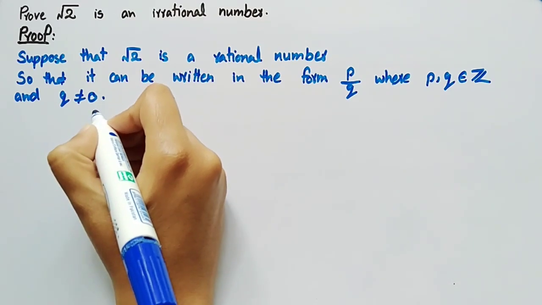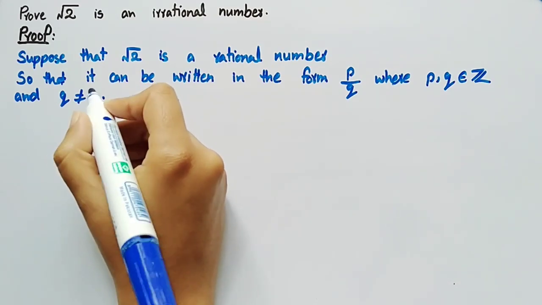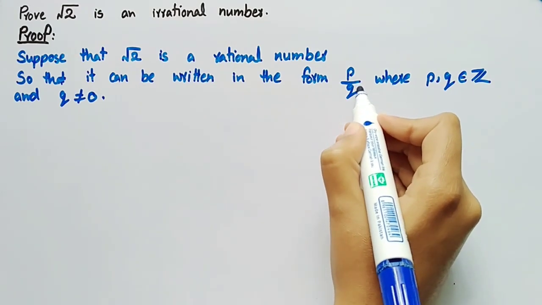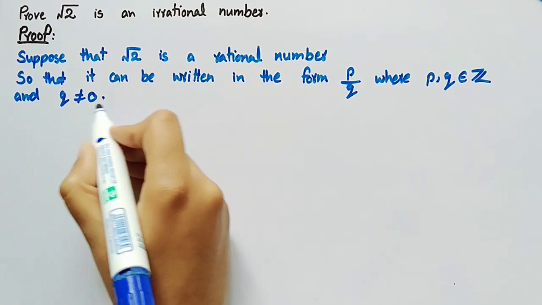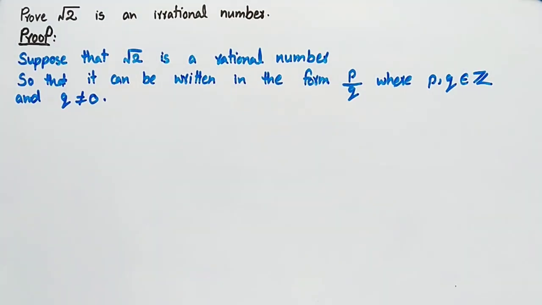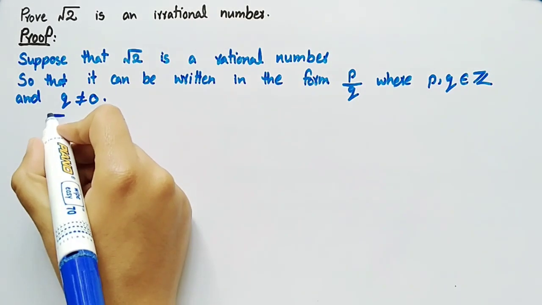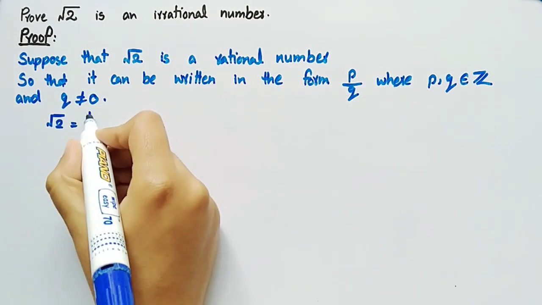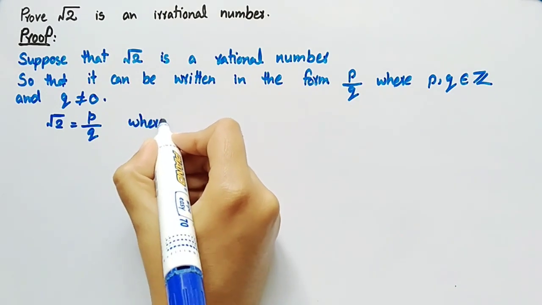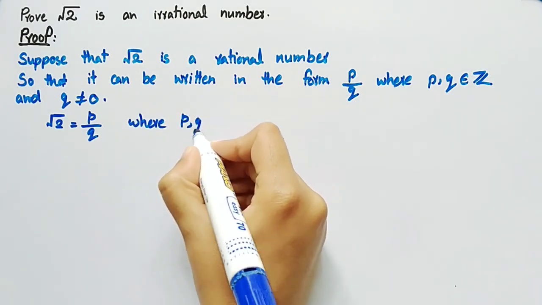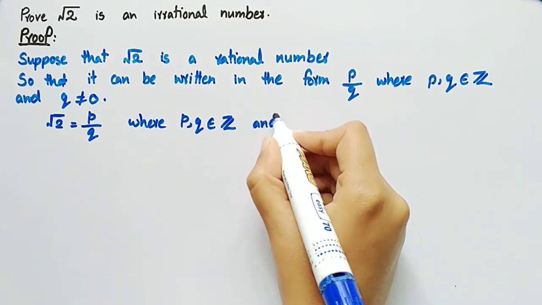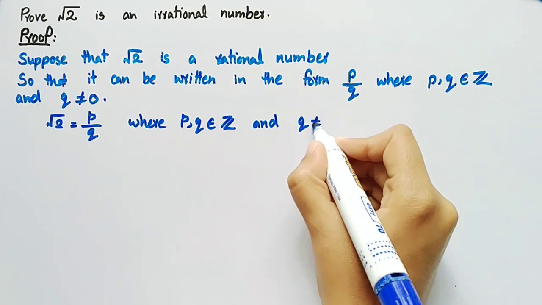As we already know, every rational number can be written in the form P by Q such that P and Q are integers and Q is not equal to 0. So we can write square root 2 equal to P divided by Q, where P and Q belong to the set of integers and Q is not equal to 0.